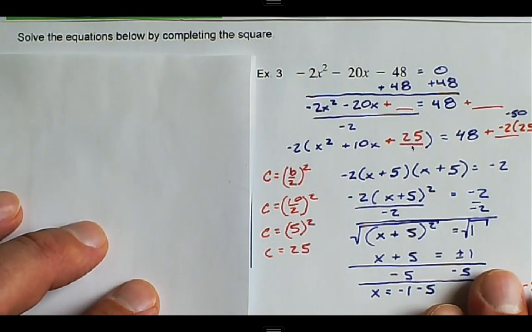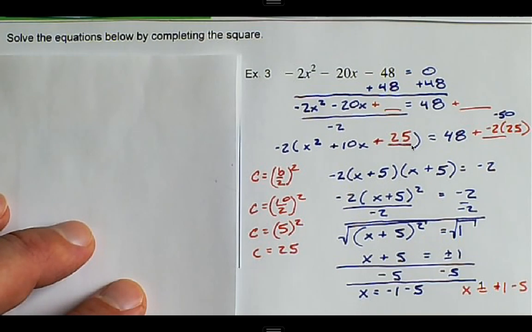Then we can solve those two. So we get x is equal to -6, and x is equal to -4. And so those will be our two zeros for this one.